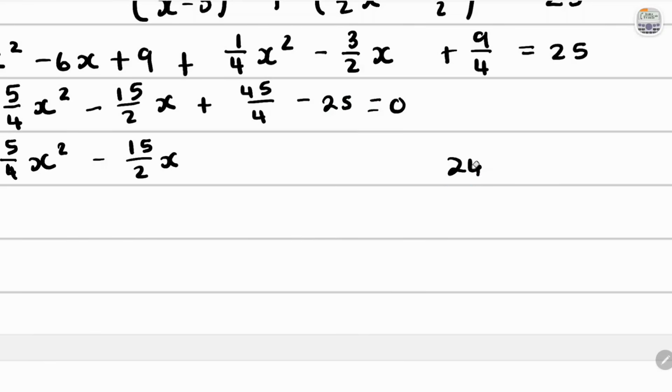So if you rewrite that with a denominator of 4, then you must multiply this by 4 as well. You know that 4 times 25 is 100. So that's 45 minus 100 over 4. Okay, so 100 minus 45 is 55 already. So that's going to be negative 55 over 4 is equal to 0. That's what we have there.